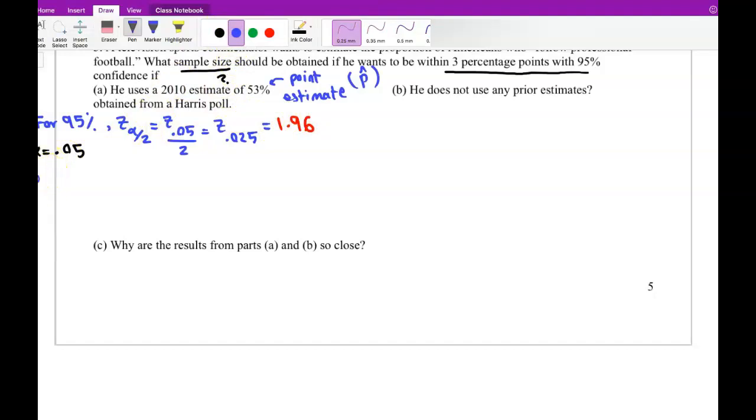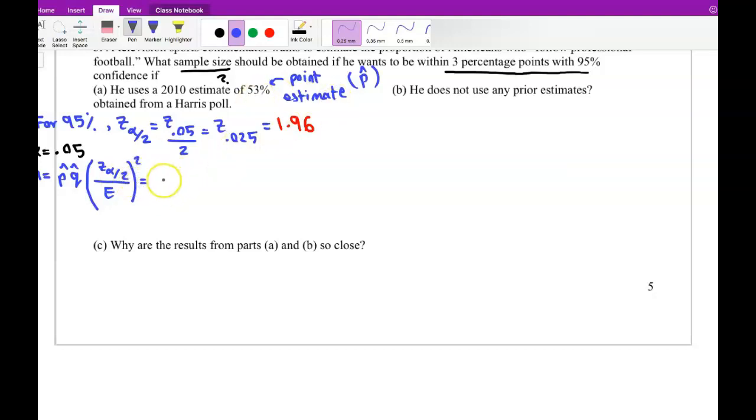Then finding n. The sample size is equal to p hat times q hat times critical value divided by error, then squared.